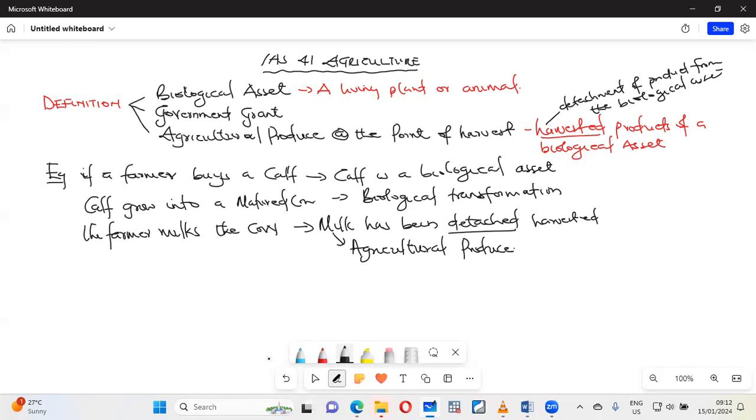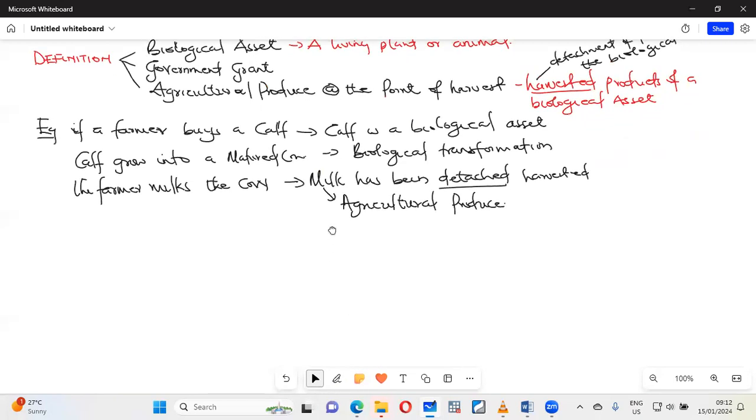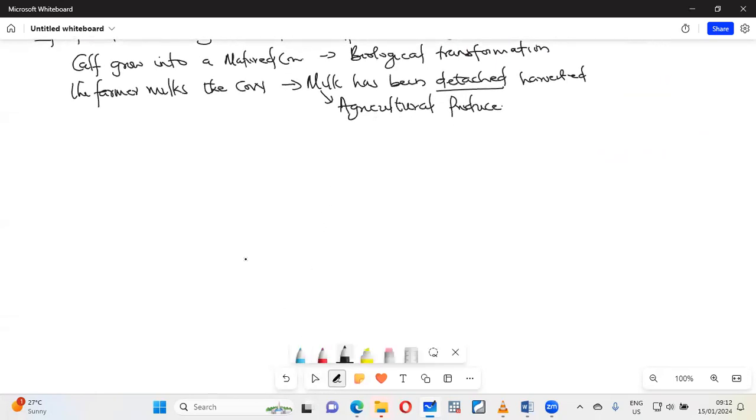So let's look at how we treat these things in terms of accounting and the figures. We had three things: a biological asset, agricultural produce, and government grants.